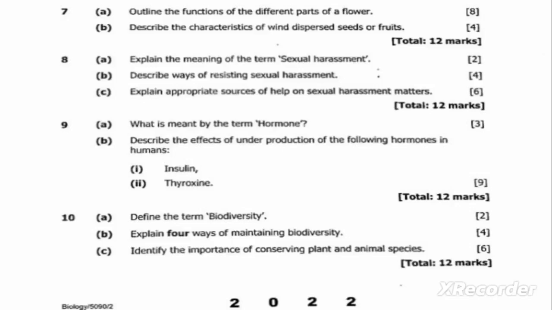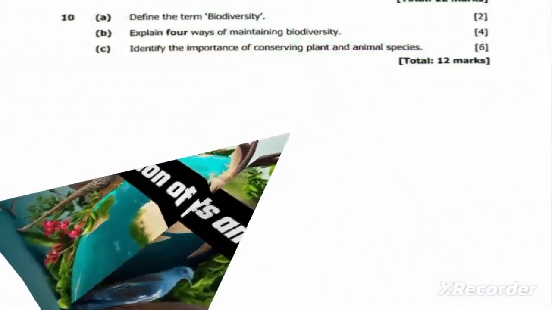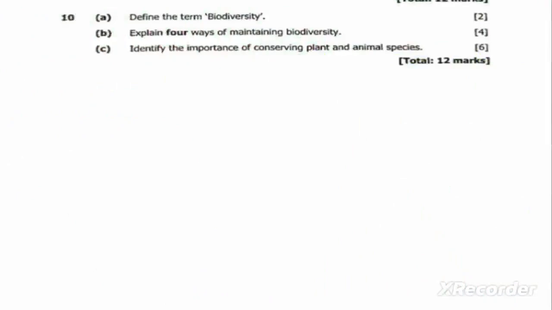Some animals and plants are used as a source of food. We know that for us to survive, we need food. So there is need for us to preserve or conserve these plants and animal species.